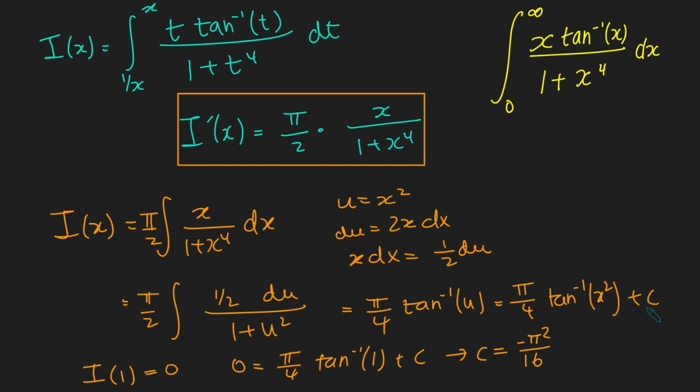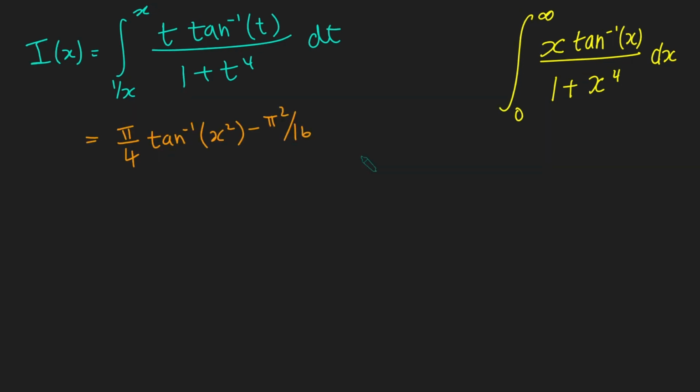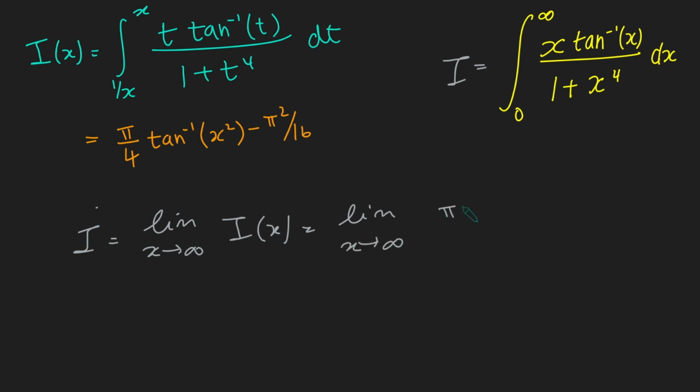So the very last thing we have to do here is just take x approaching infinity. Okay, so all we have to do now is take x to infinity in this guy. So this integral, if I just call this I, the thing we're trying to work out is the limit as x approaches infinity of I of x, which is the limit as x approaches infinity of pi over 4 times inverse tan of x squared minus pi squared over 16.